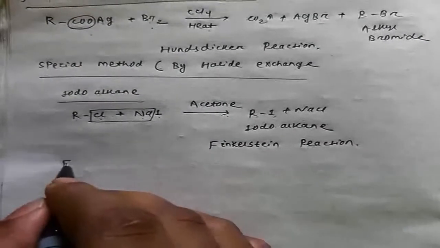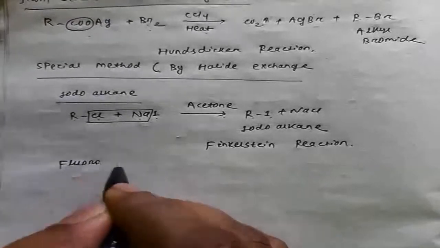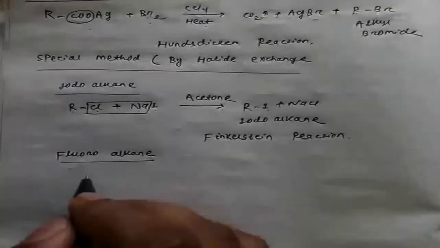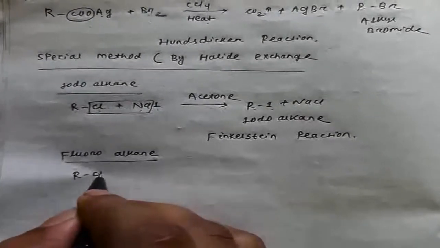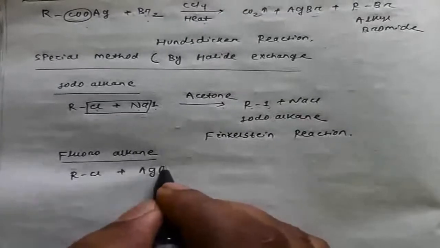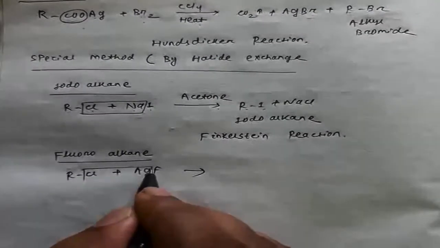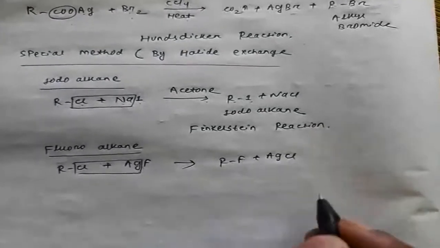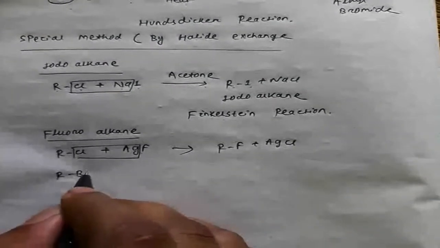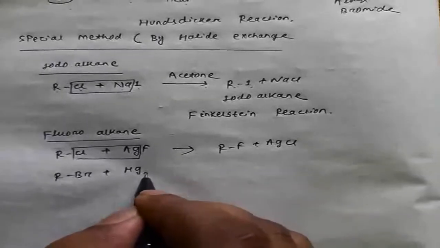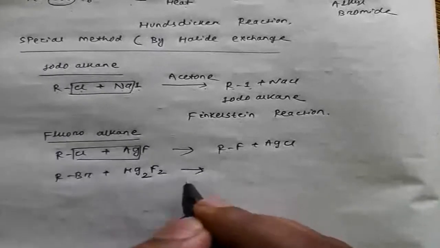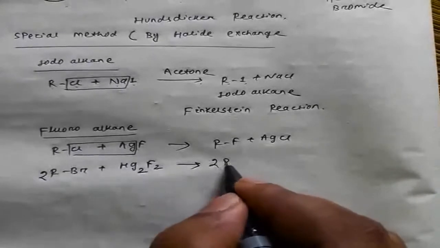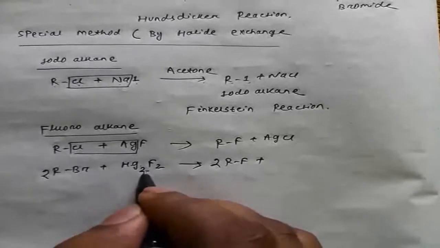Similarly, special method of preparation of alkyl halide, that is fluoroalkane. Alkyl chloride reacts with AgF, simply giving RF plus AgCl. Similarly, alkyl bromide reacts with mercurous fluoride, Hg2F2. 2 molecules of fluorine, so 2 is multiplied here, so the product is 2 molecules of RF plus Hg2Br2.